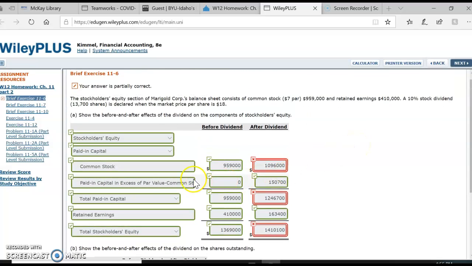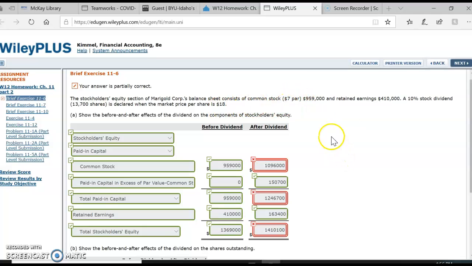So how I did this personally, to calculate the paid-in capital in excess of par value, we have to subtract the market price per share of $18 minus the $7 par value.